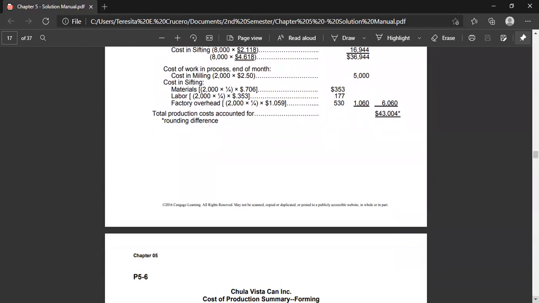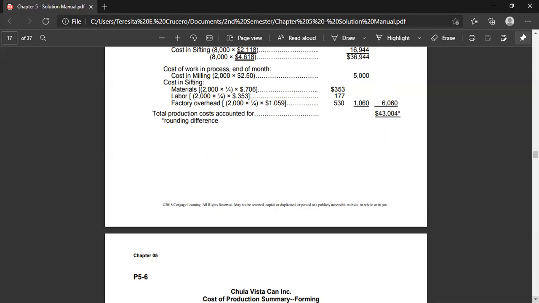Forming, the second department in a three-department production process for Chula Vista Can Incorporated, received 15,000 units with a total cost of 45,000. So meaning 15,000 units, total cost is 45,000 from Blanking during the month of May.